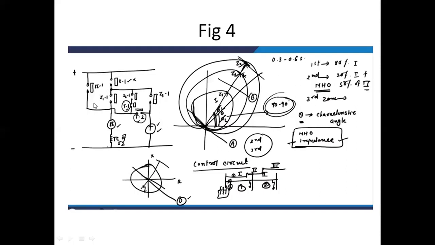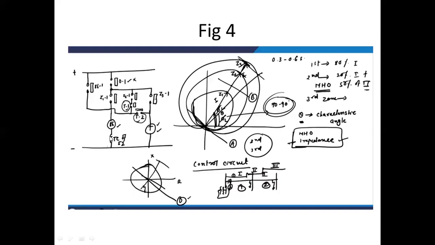Then we have the relay 86, which is the coil of the auxiliary relay that is connected to the trip circuit of 52, the circuit breaker.